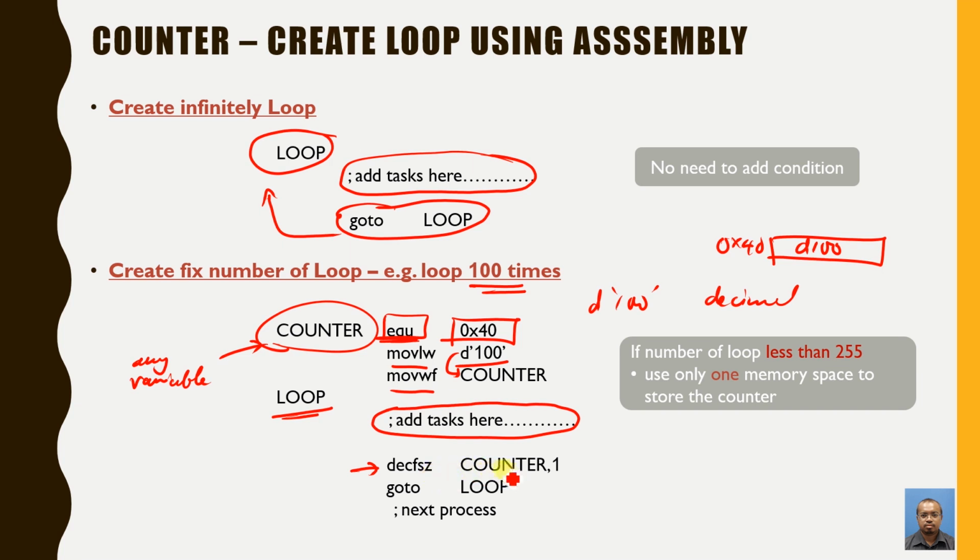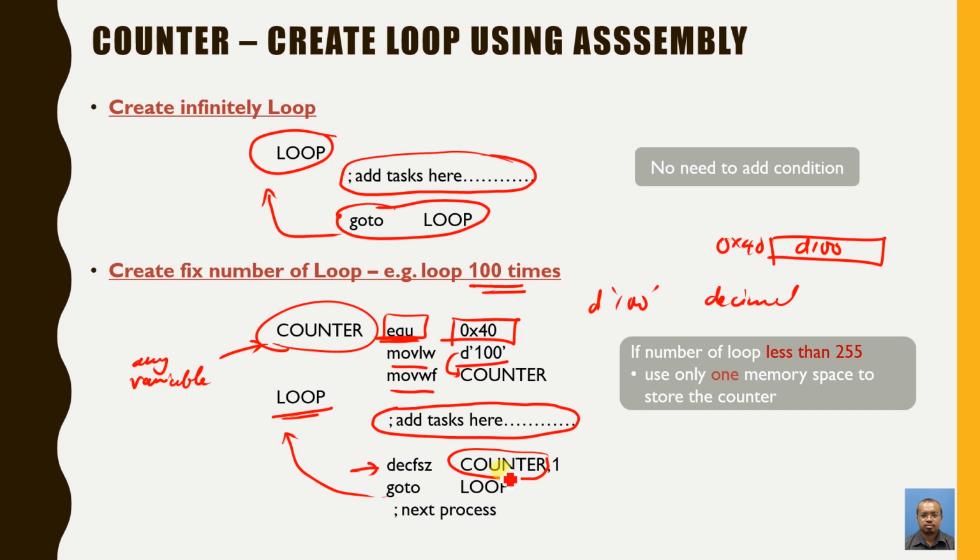So decrement f means decrement the counter. So up to this point, just now it was 100, now it becomes 99. And then go to loop, go back here, do the task again, and then 99 decrement f another one becomes 98, and then go back to loop. 98, 97, until it becomes 0.